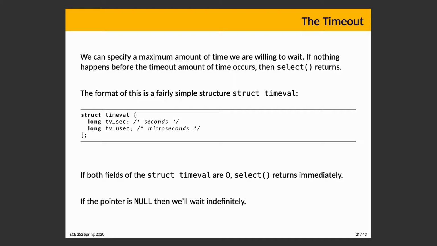If we're waiting for a socket to be ready for reading, and that happens before the timeout is reached, then we wake up when the data is ready, i.e. we don't wait for the timeout. And if you give null for the last argument, the pointer that should point to the timeval structure, then select will wait indefinitely. It will wait until some data has arrived, however long that takes. Could be a very long time.